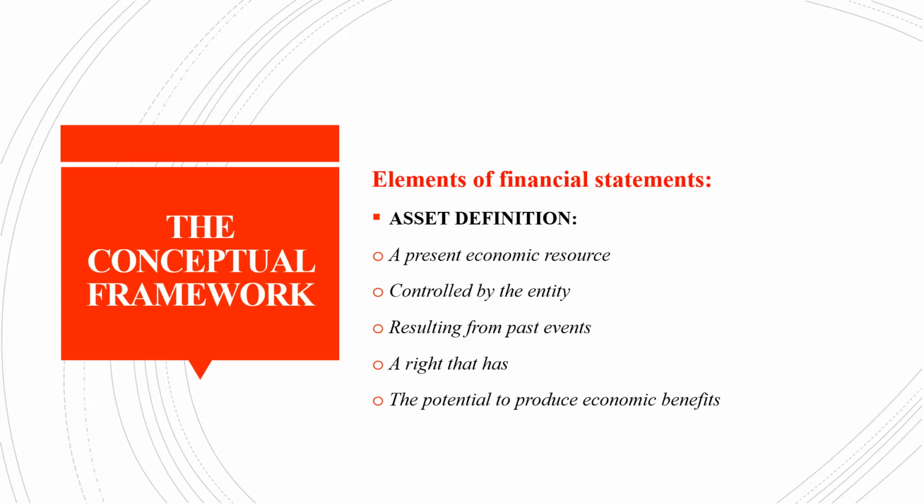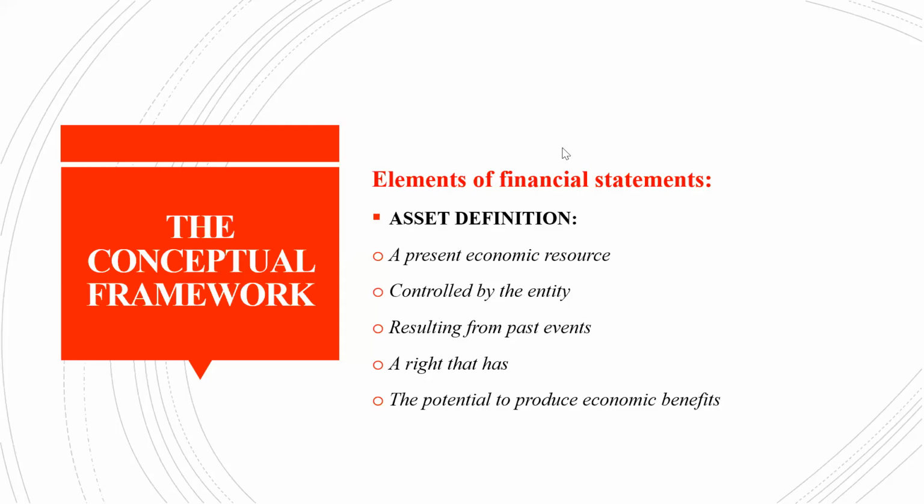So that's why, for every one of these elements, I'm going to be explaining each attribute or element of the definition of all of these 5 elements so that you understand them in detail, because that's what they are going to test you guys, all right? So now, let's start with the present economic resource.